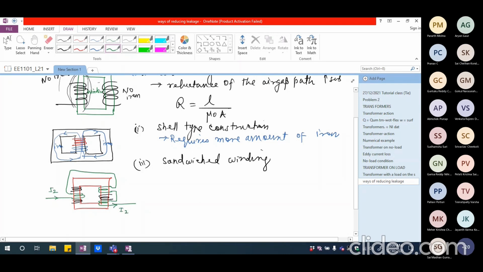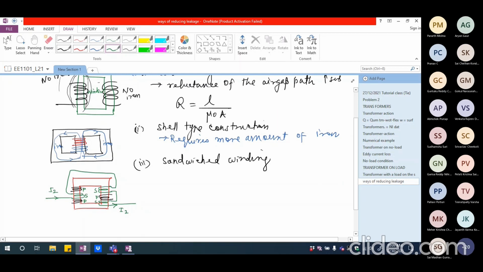The same way, the black windings which I have shown as primary: let us say this is primary, this is secondary, this is again primary, this is secondary, whereas this is primary. So I'm going to have one after another. The primary and secondary windings are sandwiched among themselves.